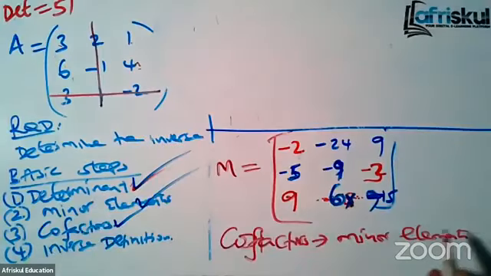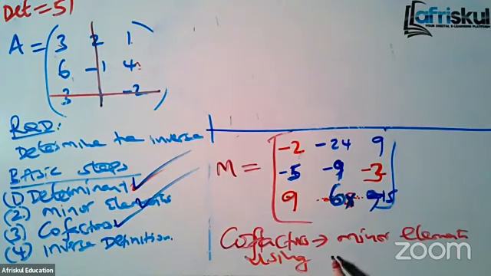I'm repeating again that we normally get our cofactors from minor elements using the diamond rule. And this is what I will do for me to get my diamond out nicely.